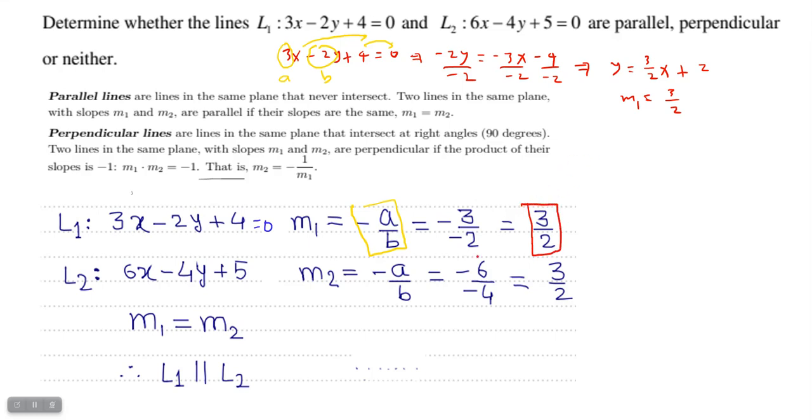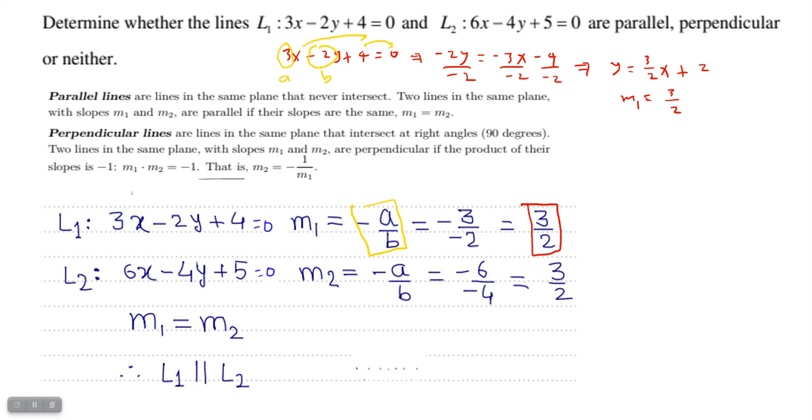Now, how to get the slope of the second line? So we have an equation given, 6x minus 4y plus 5 equals 0.